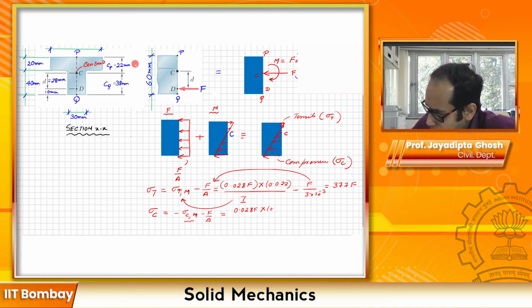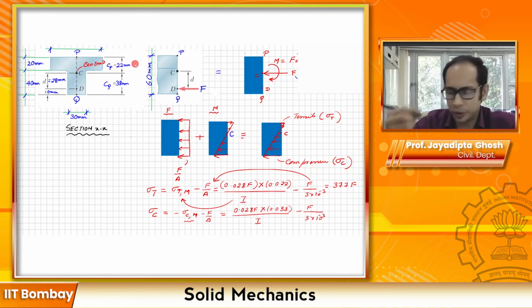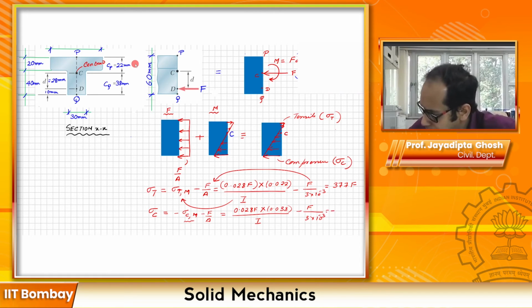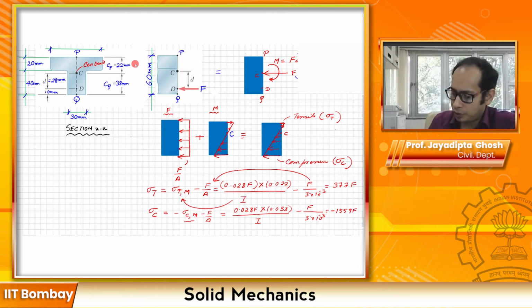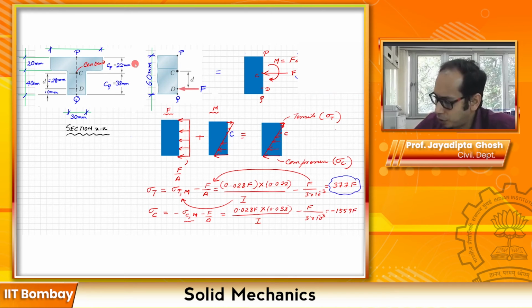So times 0.038 divided by I, minus this, which remains the same because it's the uniform compression that you have. If you plug this in, what you're going to get here is minus of 1559 F. Right? So overall we have now gotten two expressions, one for the tensile force and the other for the compressive force.